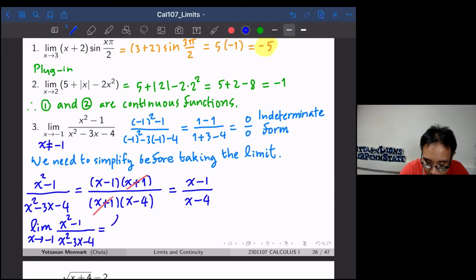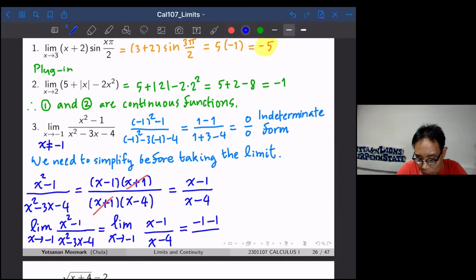This is equal to the limit as x goes to negative 1 of x minus 1 over x minus 4, and you get negative 1 minus 1 over negative 1 minus 4.